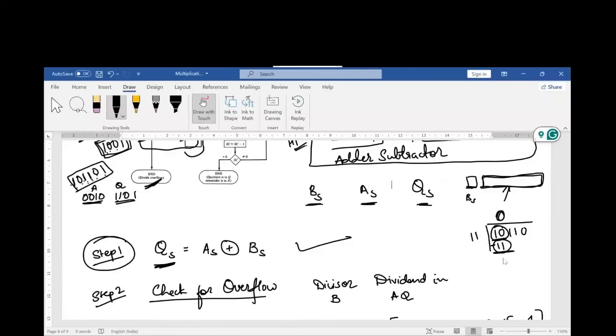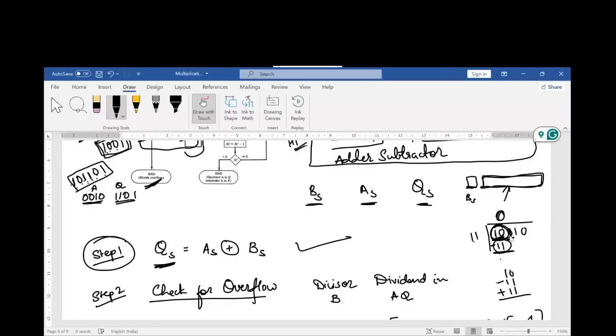So after subtraction we checked that this number is smaller, and we check the next one. After subtraction, we got to know that I will not be able to perform the division of 1 0 divided by 1 1. So I will restore the value of 1 0. Whatever 1 1 I subtracted, I will add 1 1 back and I will get 1 0 back.